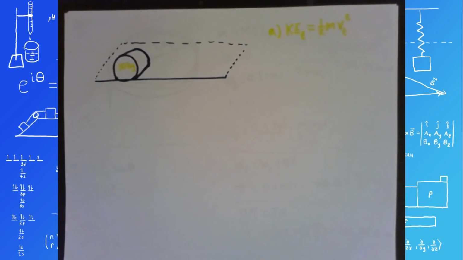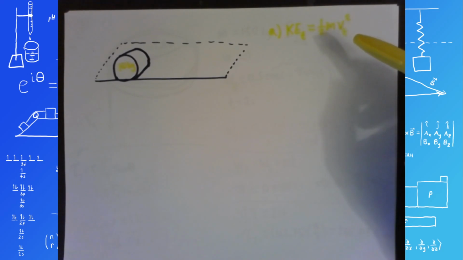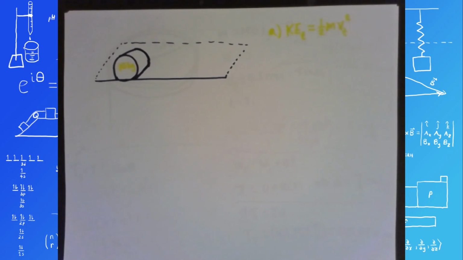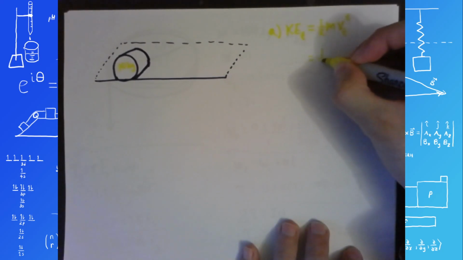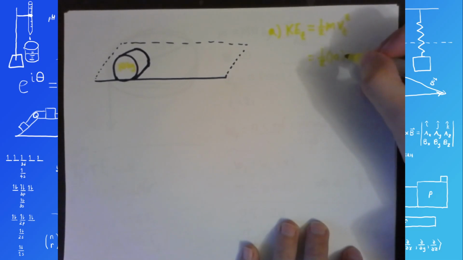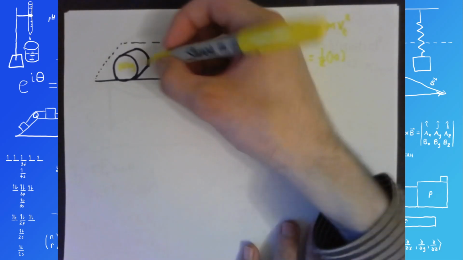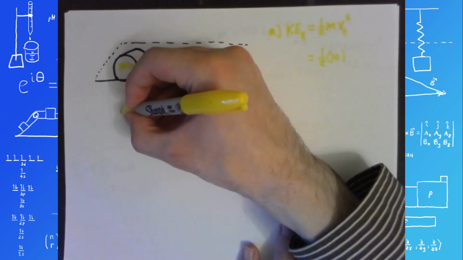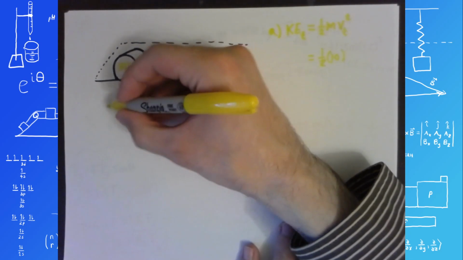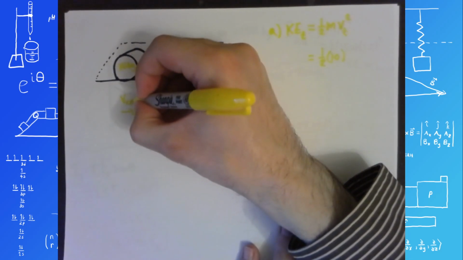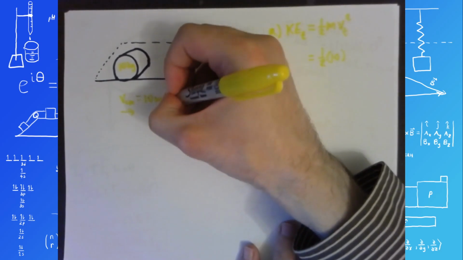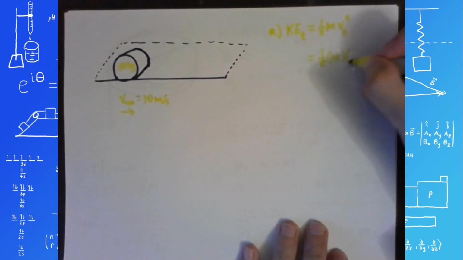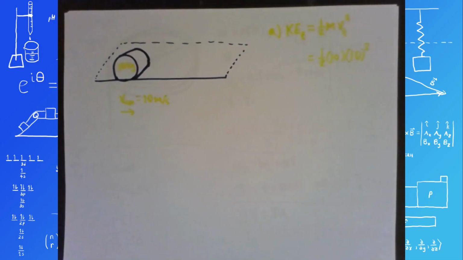What was I doing? Okay, so 1/2 m times v tangential squared. We were already given v, which is 10, so we can calculate this right away. 1/2 times 10 is what they gave us for the mass, and for the tangential, they called it the velocity of the center of mass, which they gave us as 10 meters per second, so I can plug that in for my v tangential. 1/2 times 10 times 10 squared.